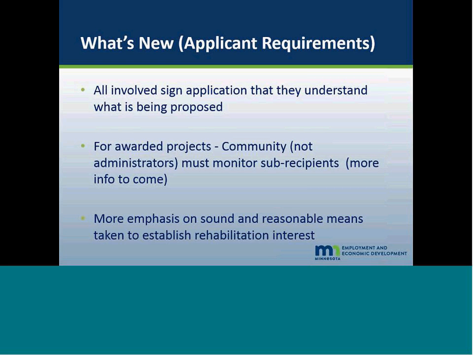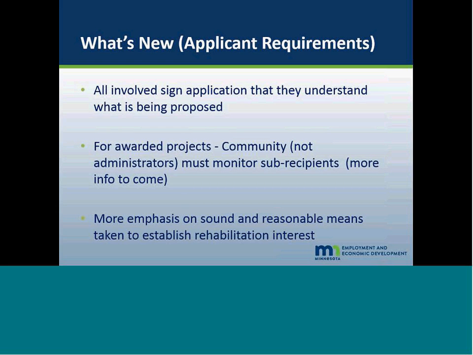In the past we've had multiple administrators, where one wrote the application and another had an administrative role, and they didn't read the application or were only told what was in it. So we're going to try and clean that up this year, including the city, so that everyone understands what is going to happen.